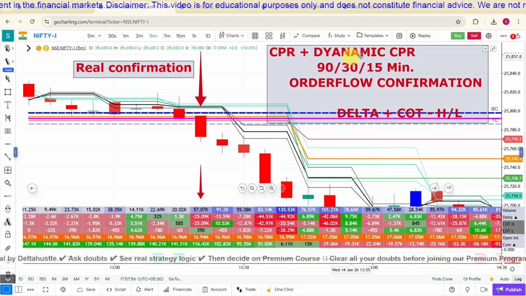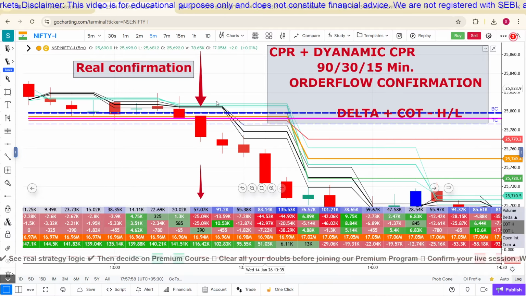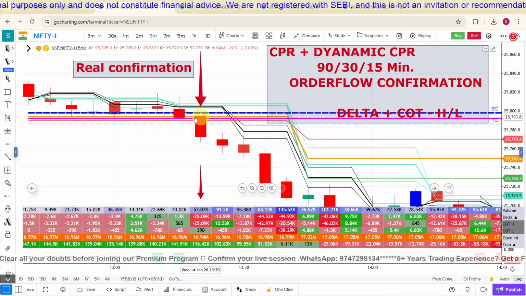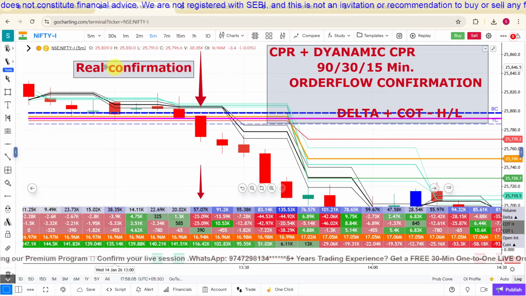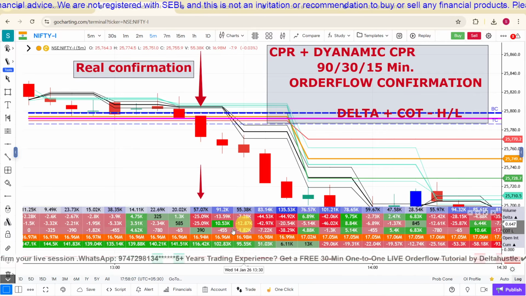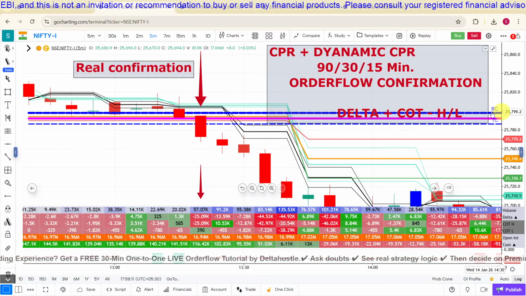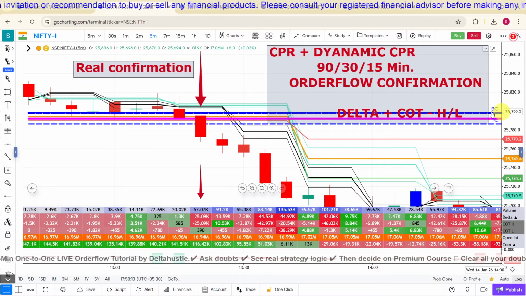See, if we are using dynamic CPR along with the CPR and confirmation with order flow, it is 100% trading strategy. That is what we are discussing today.